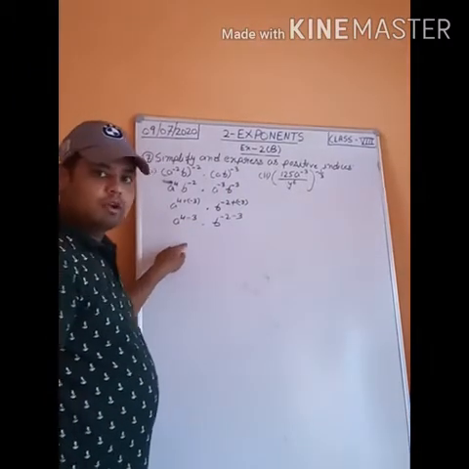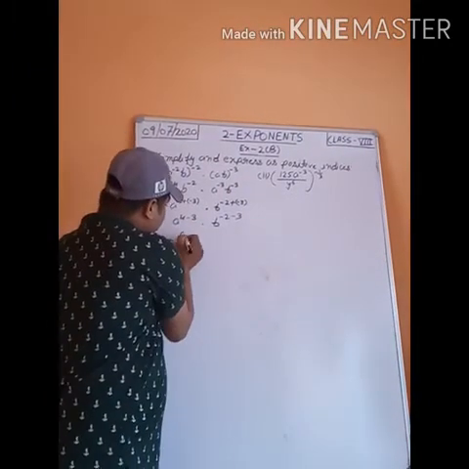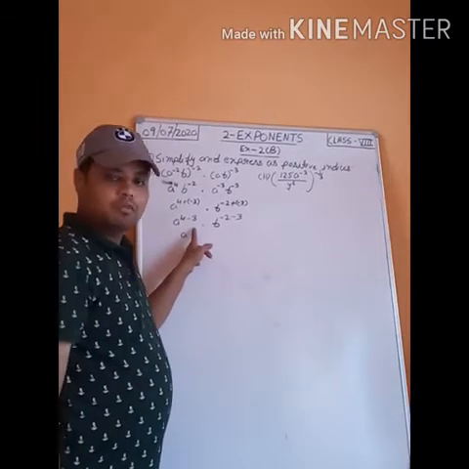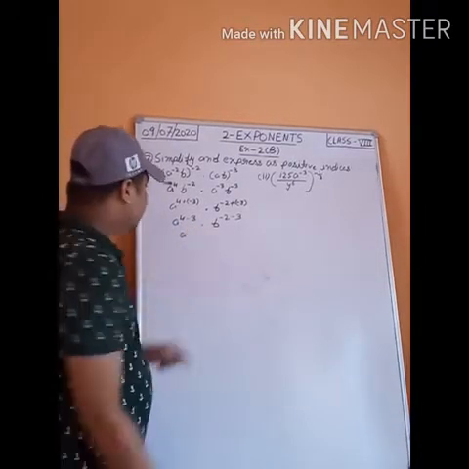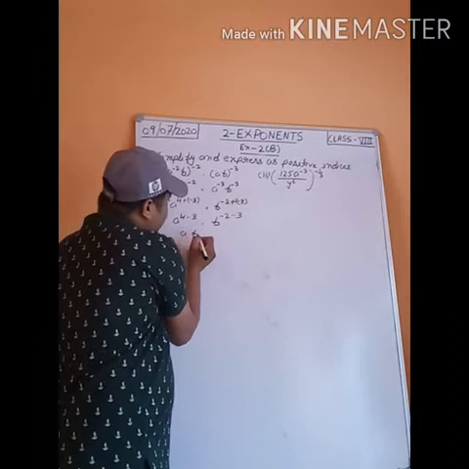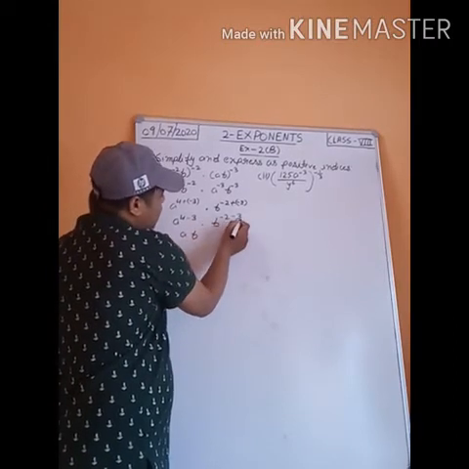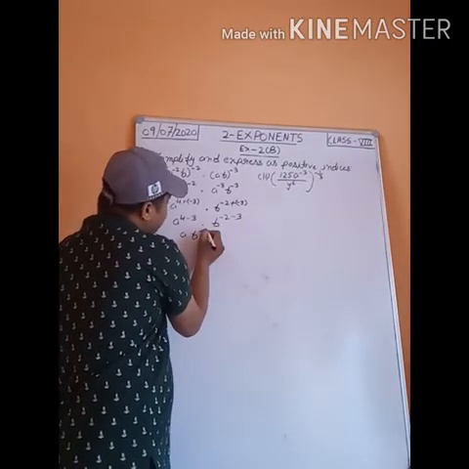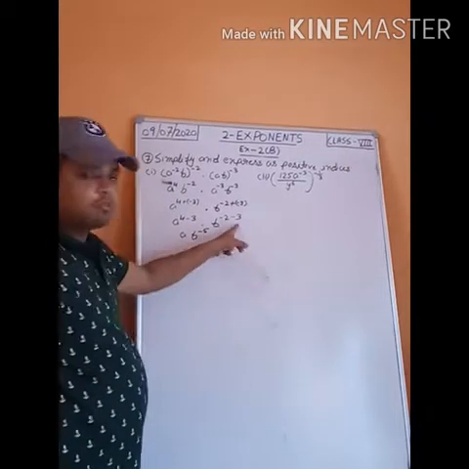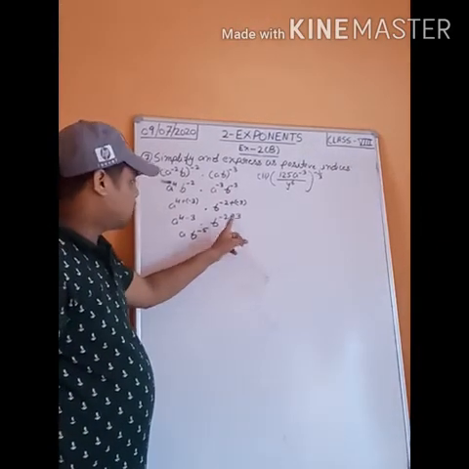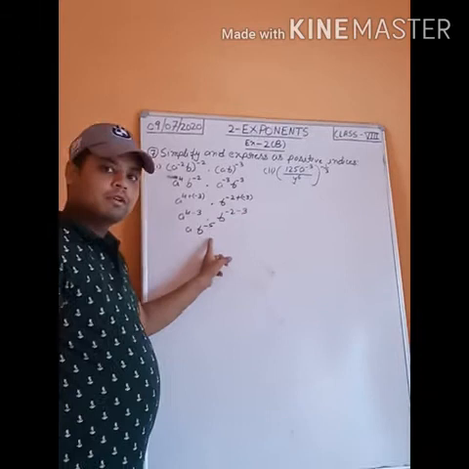So we will solve this. a raised to the power 4 minus 3 is 1, no need to write 1. Then b raised to the power minus 2 minus 3 means minus 5, because minus minus plus, which sign will come? Minus sign, 2 plus 3 is 5, then minus 5.